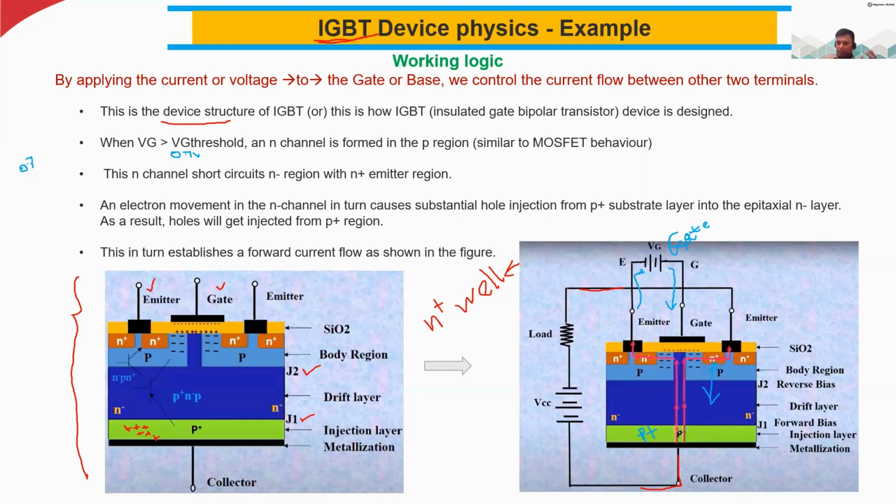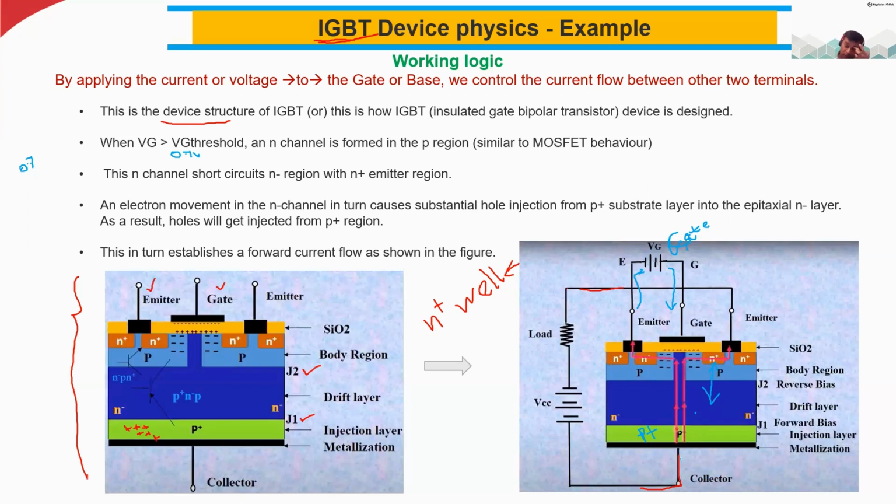So now the channel got created. We are doing this step by step. We apply the voltage to this gate and create the electrons here. Then it short circuits this P and this N minus. After that, the current flow is already very heavy. The electric field is very high, and the depletion region is very weak because of this P plus, so it can easily break, and then the current flow starts, because this P plus is connected to the collector terminal.